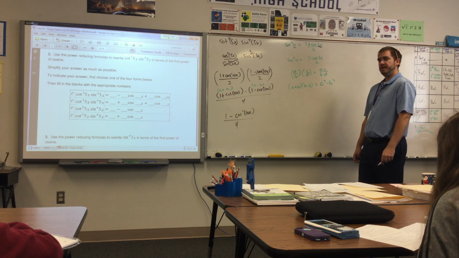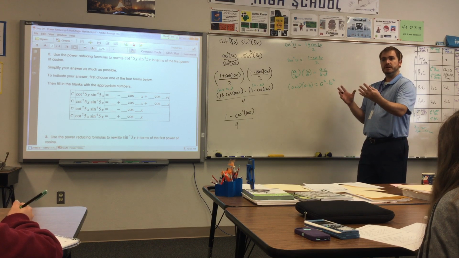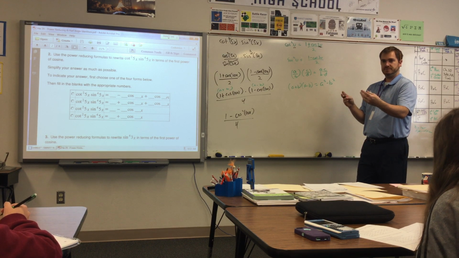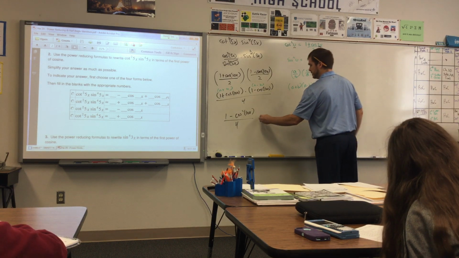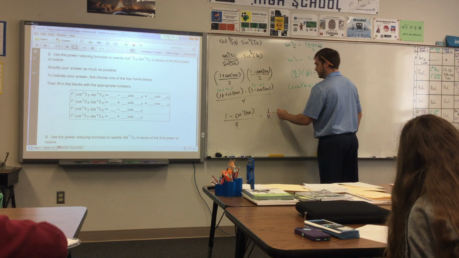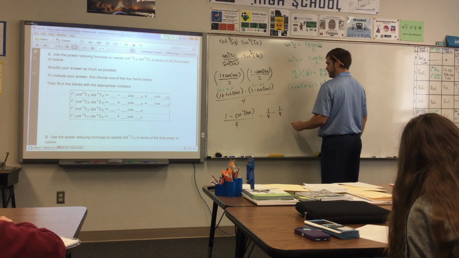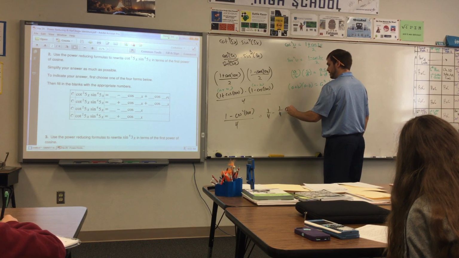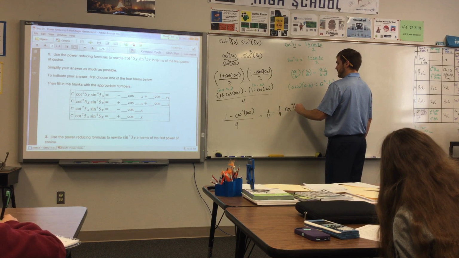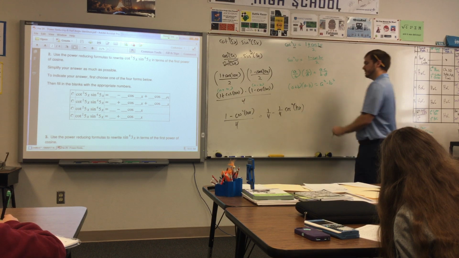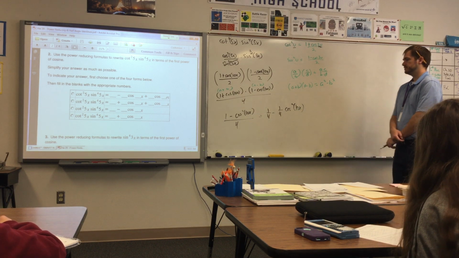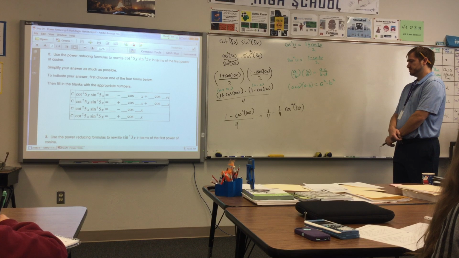Alright, next step, break up the fraction. 1/4 minus cosine squared 10x over 4. Why do you have 1/4 cosine? It's the same thing.